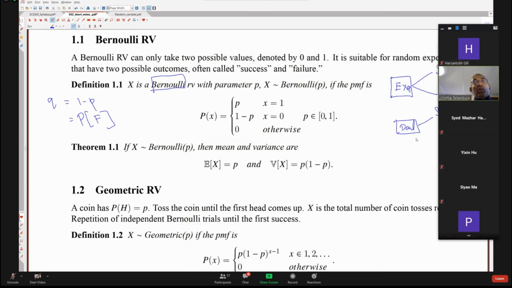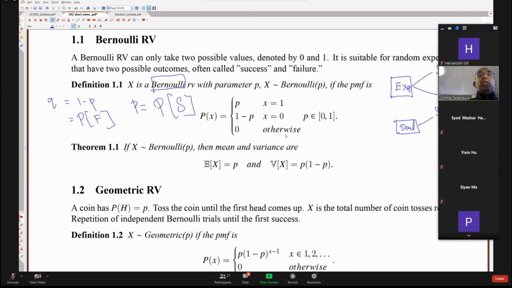I will use this notation always. In an experiment, success is 1, failure is F, denoted by 0. Q is the failure probability, and P is the probability of success in each experiment. P is between 0 and 1, and Q is also between 0 and 1.